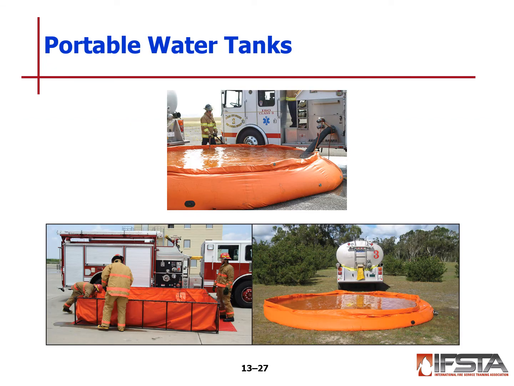So we use portable water tanks to dump into. Primarily this one right here is what you see the most. It has a frame that keeps everything stiff and upright. We want to try to deploy these on the flattest surface as we possibly can to get the most water in them. These tanks will hold anywhere from 1,500 to, they make them that will hold up to 3,000 gallons.